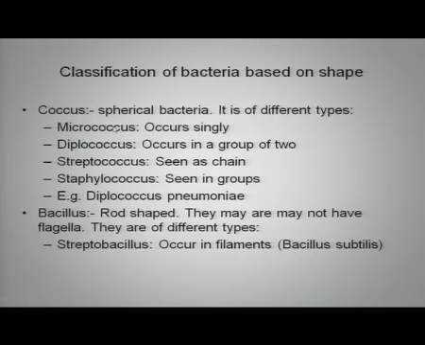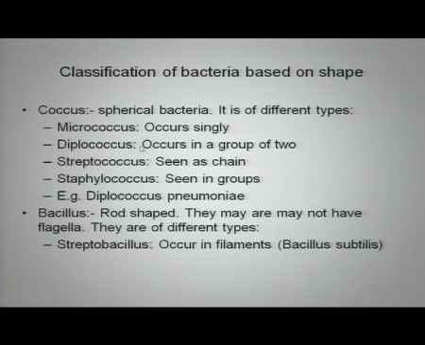Now regarding the classification of bacteria based on shape, there are spherical bacteria, which we call coccus. There are different types of spherical bacteria. If seen singly, we call it micrococcus, and if seen in a group of two, we call it diplococcus.